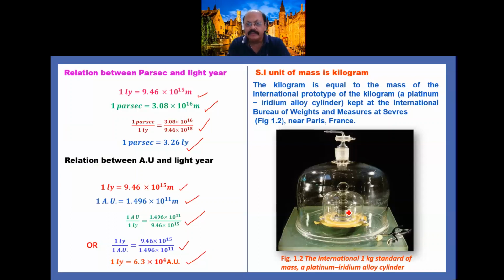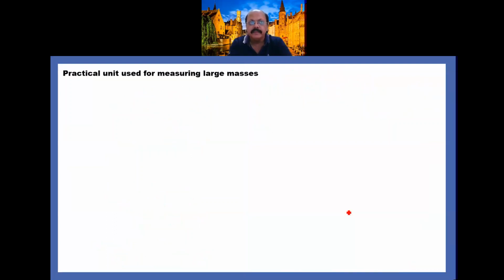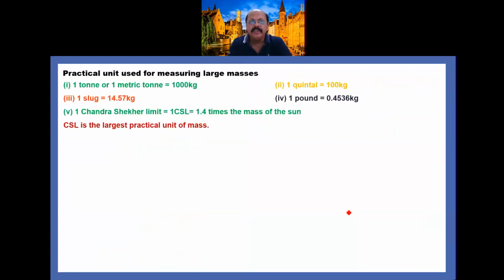Now the definition of kilogram has been changed. Now it is defined in terms of the Kibble balance. Now practical units of measuring large masses: 1 ton or 1 metric ton equal to 1000 kg.